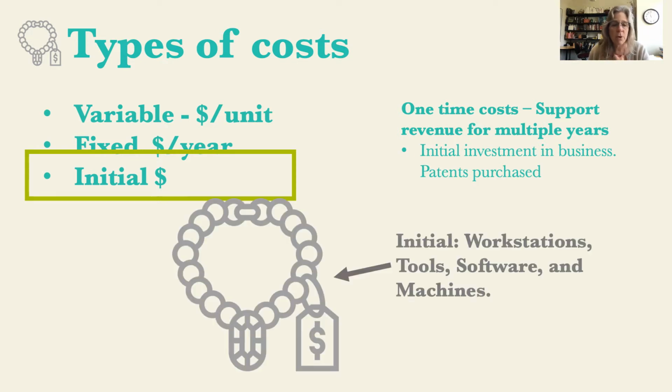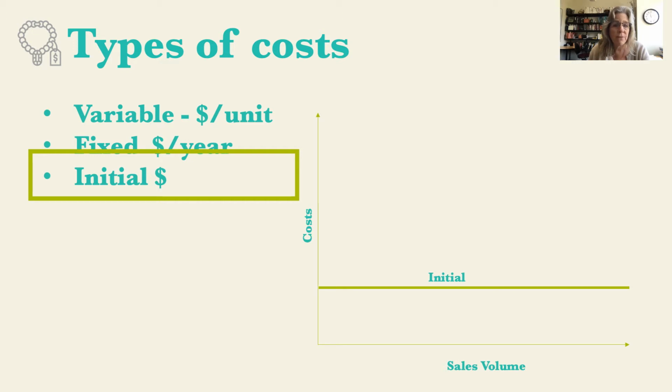In the case of this pearl necklace, that would be the cost of the workstations, any tools you had to buy, software, maybe software related to tracking the items, any machines that you're going to be using. All of these things are longer term, more than a year, and that's why we account for them in a slightly different way. But they're also considered a fixed cost. Over a certain sales volume, you would have these initial costs occur no matter what the sales volume is.